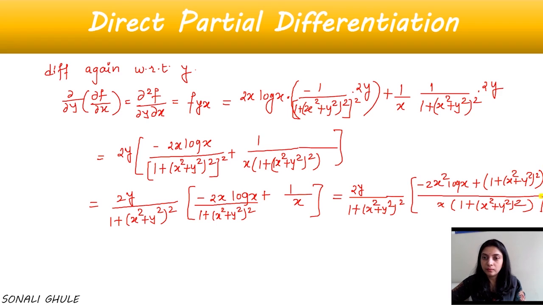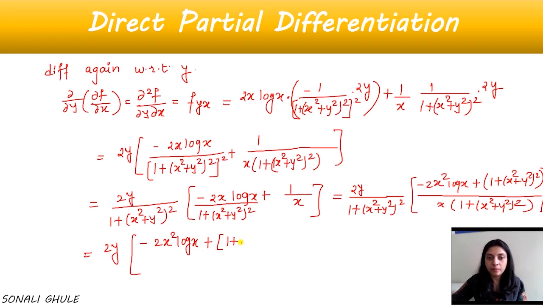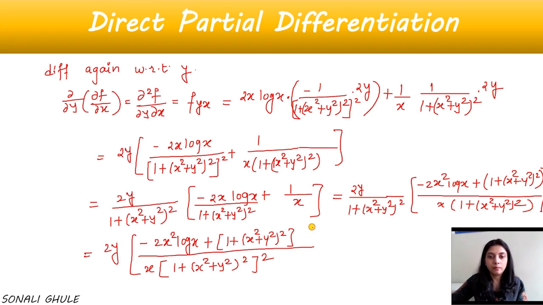Okay, and this we can write, yes, 2y keep as it is, so it will be minus 2x square log x plus 1 plus x square plus y square whole square upon, at the denominator, 1 plus x square plus y square whole square bracket square.